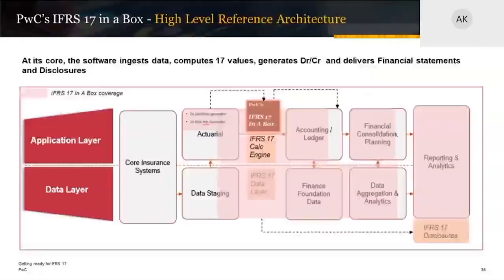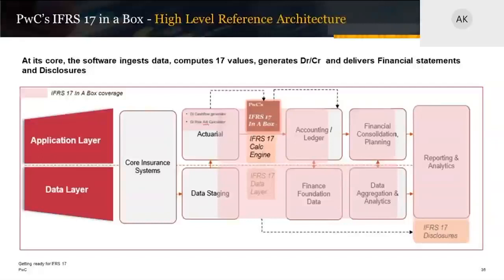And coming to what that means in practice in terms of what we have covered within IFRS 17 in a box. So we believe we designed the solution, as was also scored by Chartis, that covers the broader part of the IFRS 17 value chain.